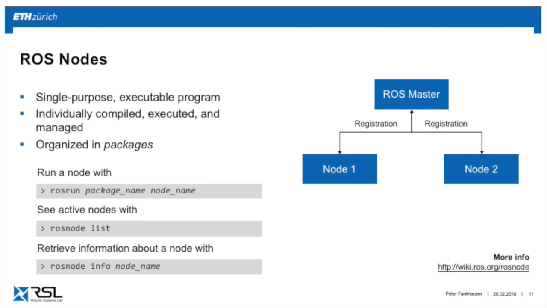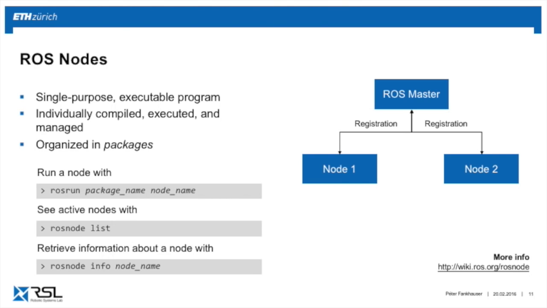A ROS node is essentially a program that runs on your PC. So it's a single-purpose executable program. You can compile them individually, run them, and manage them individually. So those are the building blocks of your program. These nodes are organized in packages.